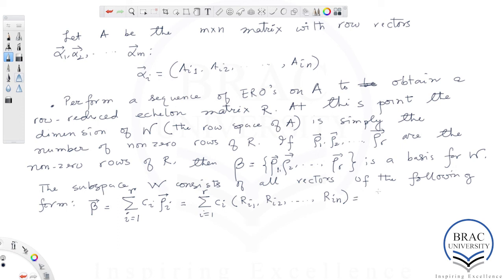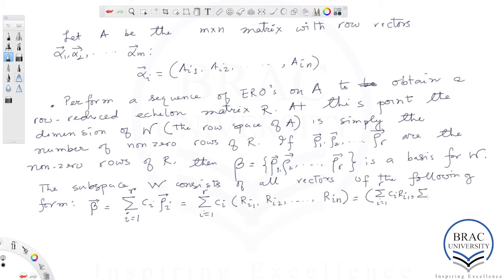So we can take these Ci's, multiply them with these scalars, and then sum over the i's. Now this is the n-tuple that we have finally: the sum over all i's of the expressions Ci Ri1. This is the first component.